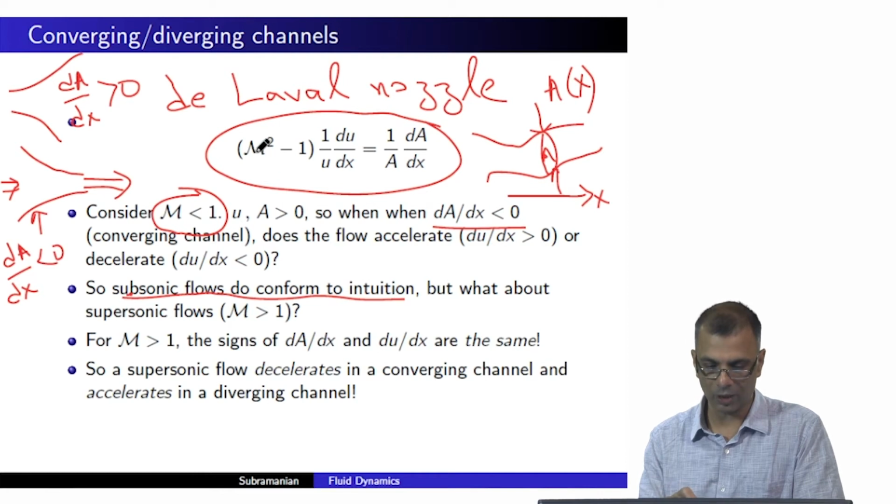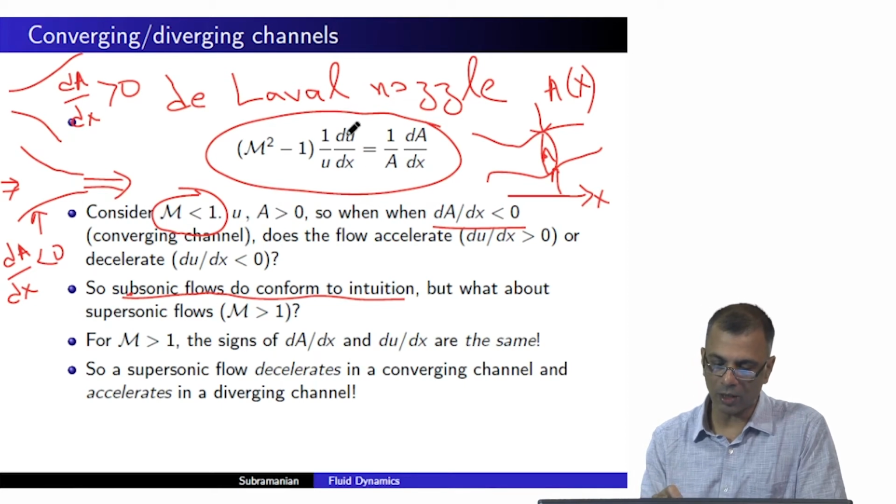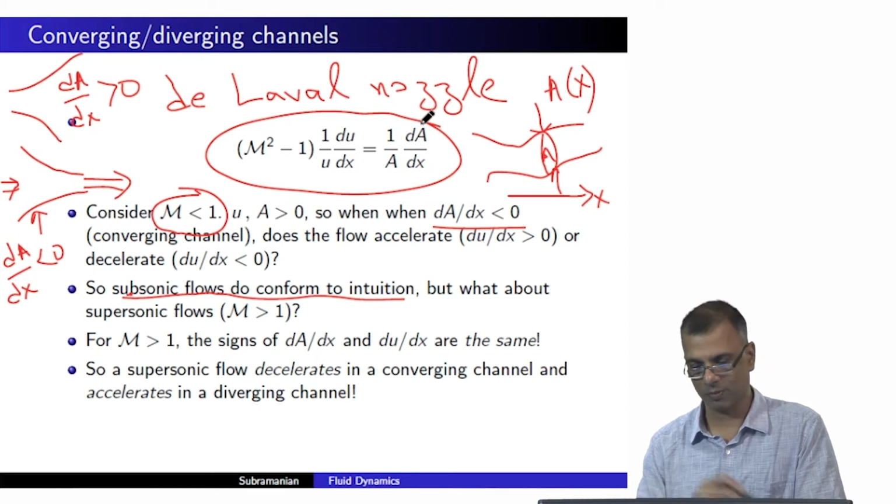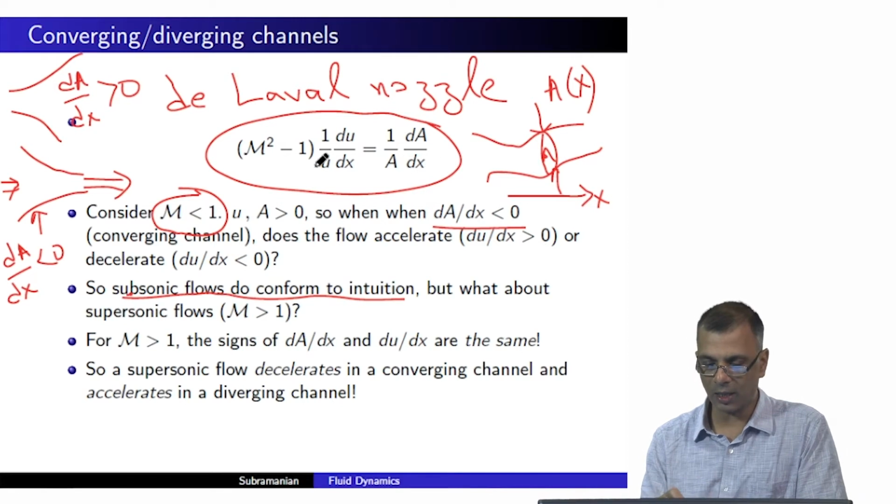We find that because M is greater than 1, this is always positive, right? So the signs of du/dx and dA/dx are the same, because A and u are all positive, so there's no scope that this can change signs.